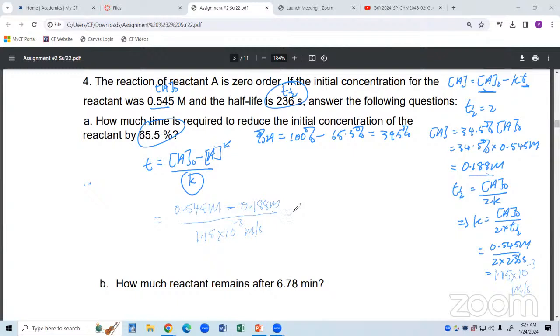And let's see what that gives. So 0.545 minus 0.188. And then we divide that by 1.15 times 10 to the minus 3. And according to my calculations, rounded to 3 sig figs, that would give 310, with a decimal point right there. And the units, of course, would be seconds. And that's how that would be done. All right.